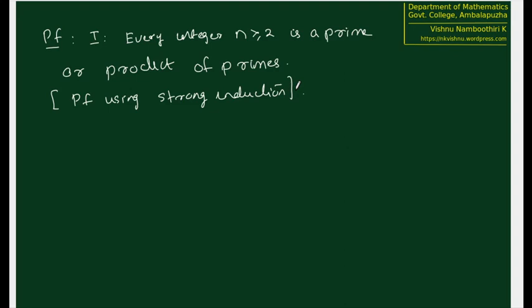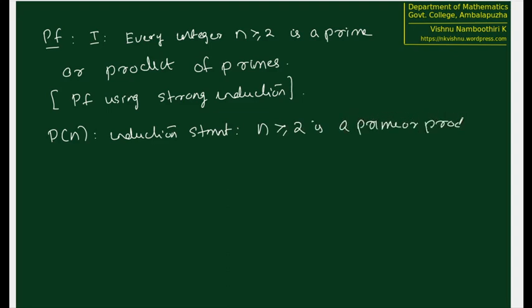So to prove using mathematical induction, we must have an initial step, and we must have the induction statement also. So suppose that P(n) is the induction statement, and the statement is the following: n greater than or equal to 2 is a prime or product of primes. This is the induction statement we have.